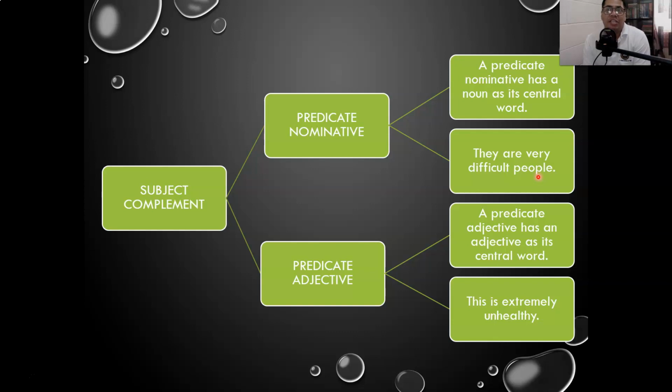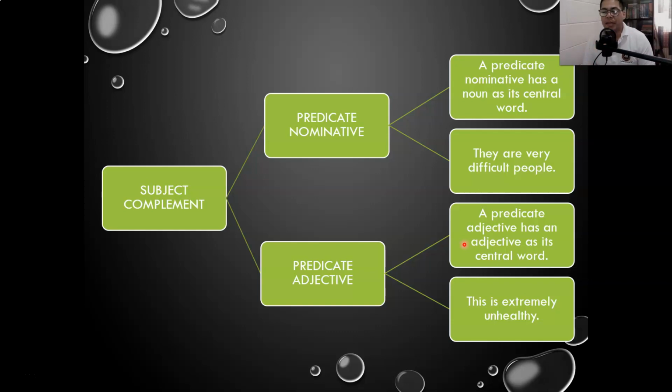I could even change the elements and take the predicate nominative to the subject position, and then the subject is going to become the predicate nominative. A great president of the United States was Barack Obama. See? It's the same thing. Now, the predicate adjective, as you may have figured out, has as its head, as its central word, an adjective.